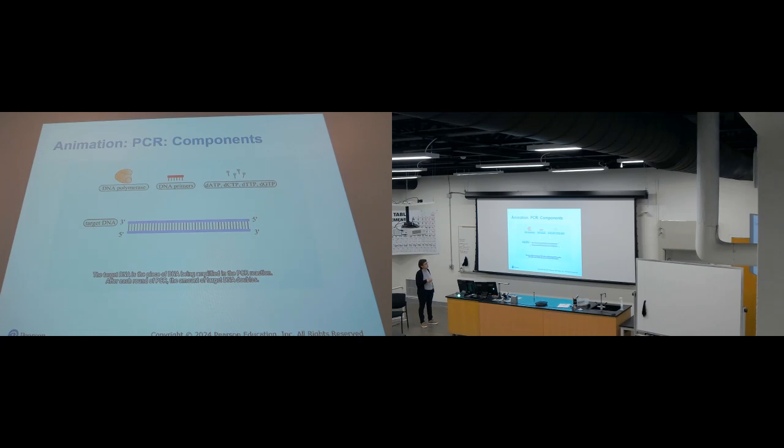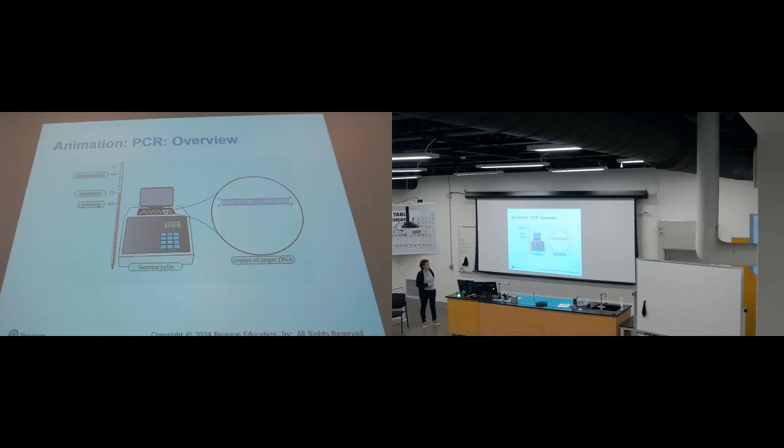You have to have your enzyme, DNA polymerase, and you have to have the nucleotides: dATP, dCTP, dTTP, dGTP. And you have to have the right buffer to have this cocktail added into the thermocycler.